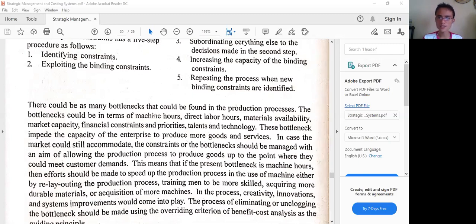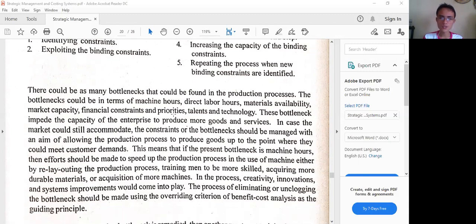In other words, the bottlenecks are very related to the resources employed by the organization. Even raw materials, for example, can cause bottlenecks. Are they available as soon as we are going to produce our products, or do we still have to order from suppliers who cannot supply on time? These bottlenecks would really have an impact on our production.